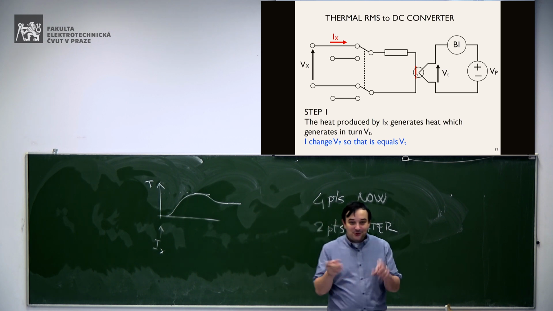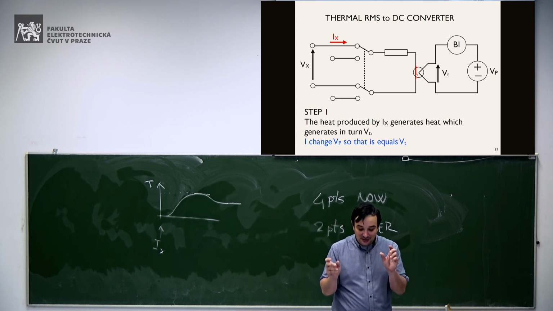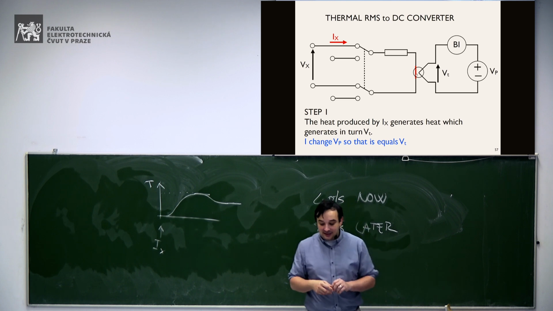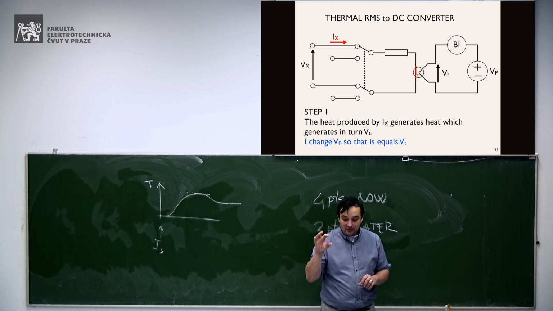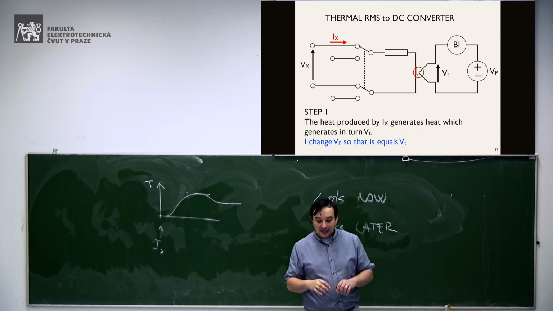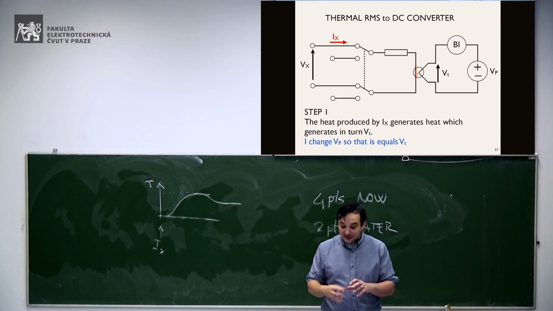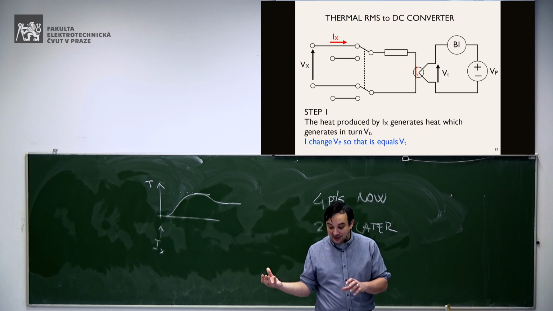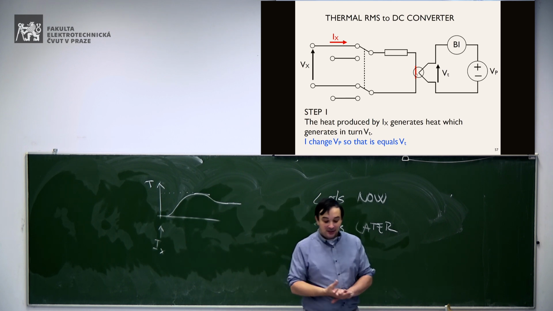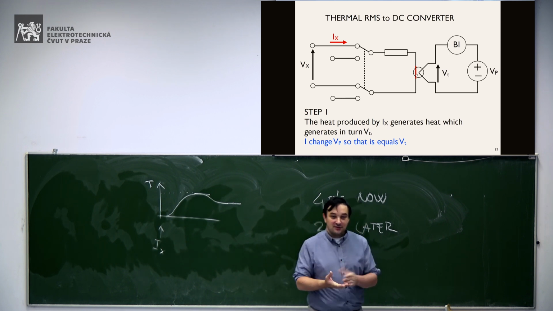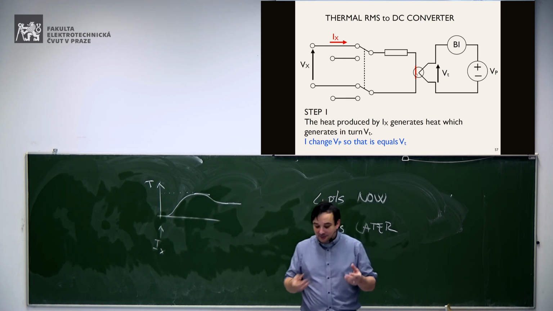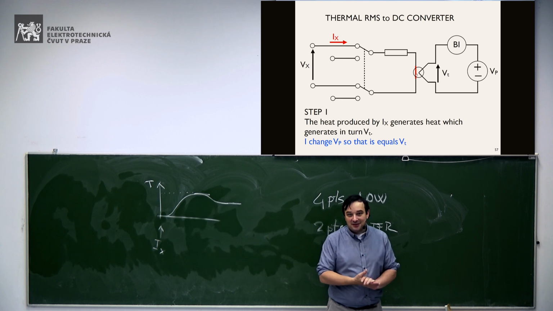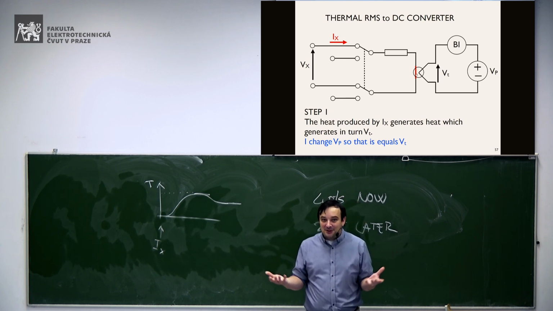But again, you have to tell me the difference between measuring directly the heat and taking the value of Vt, and measuring Vt, memorizing in Vp, and then measuring In in the second step. You still measure Vt. Yes, you have leakage of heat, whatever. But you have it in both situations.